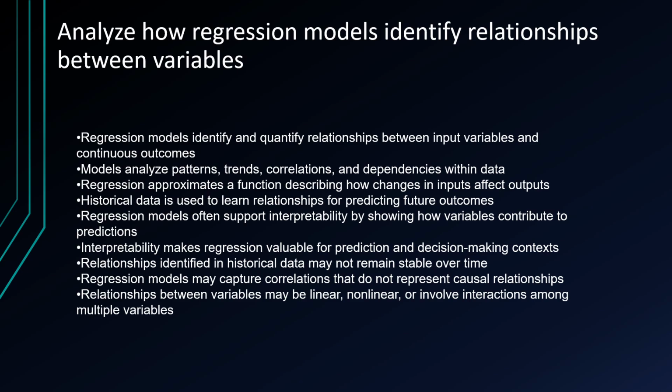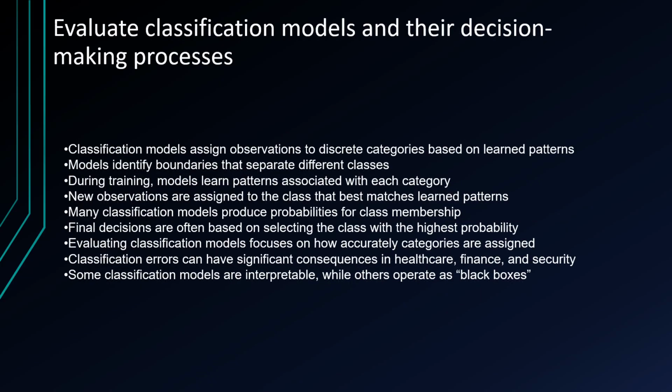As organizations rely more heavily on predictive analytics, regression models continue to play a central role in supporting forecasting, optimization, and strategic decision making. Their ability to quantify relationships between variables makes them valuable tools for understanding historical behavior and estimating future outcomes. We will now examine classification models and evaluate how they make decisions based on learned patterns within data.